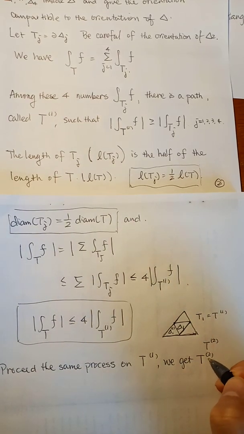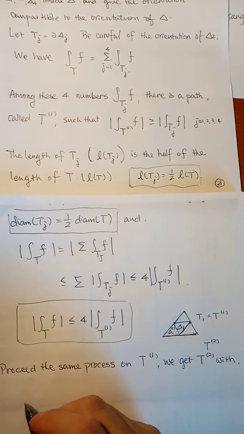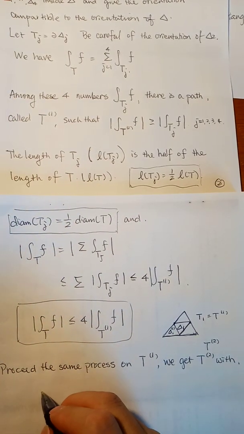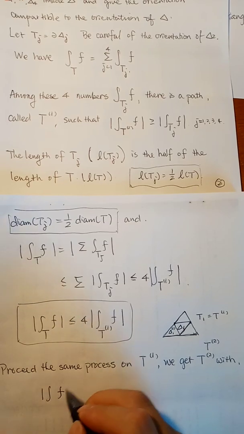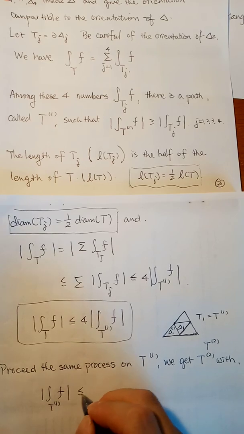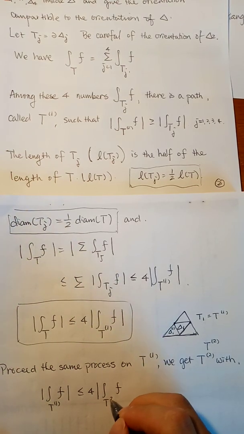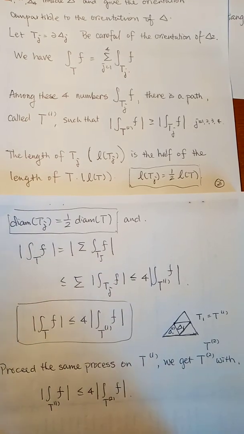we get T super 2 with what property? Let's check. First property, the absolute value of f integrated along T1 is less than or equal to 4 times that of f integrated along T2. This is one property.